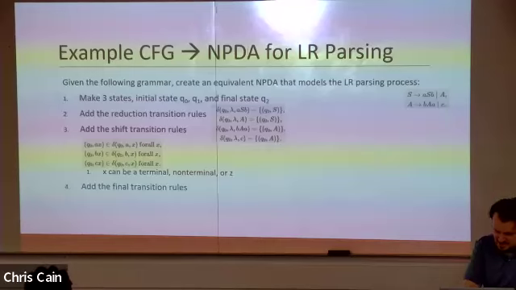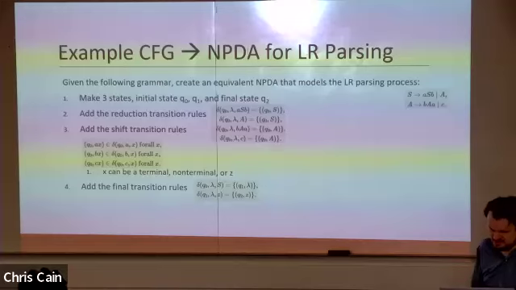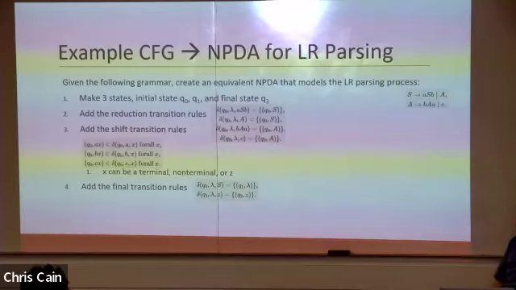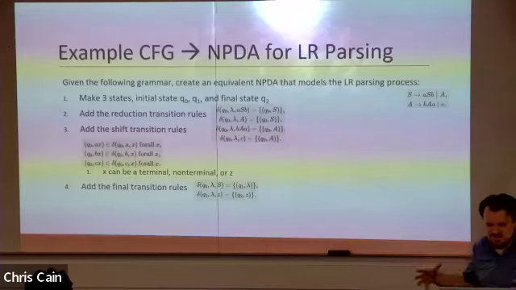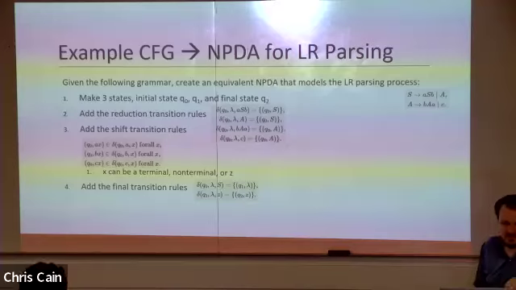Then we have the final transition rules that get us to Q1 and to Q2. Remember that when we see an S, the question is if we get rid of that S, is the stack empty? If it is, then we accept. If not, then there's some more work to reduce this down into another start non-terminal.